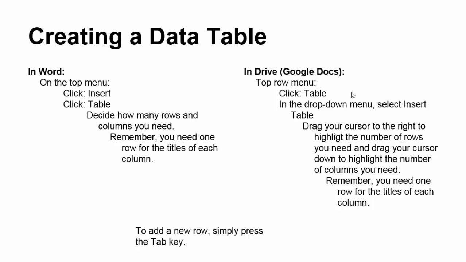And don't forget you need one row for the titles of each column. In both, to add a new row, all you have to do is be at the bottom right row and press Tab. That'll add a whole new row all the way across your table. And more on creating and formatting data tables is coming in Lab Report Writing 201.